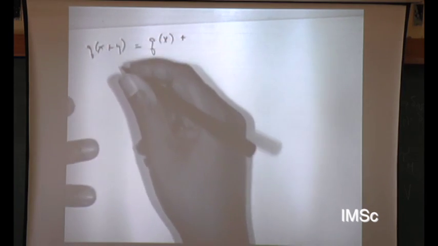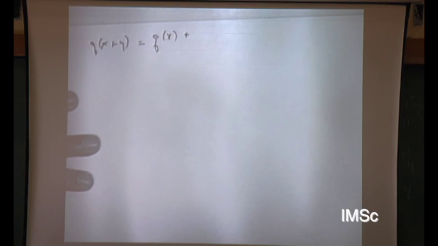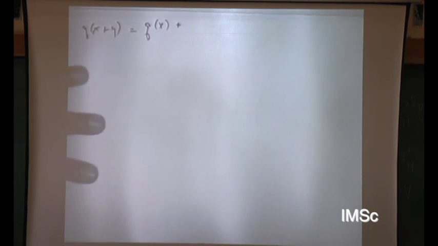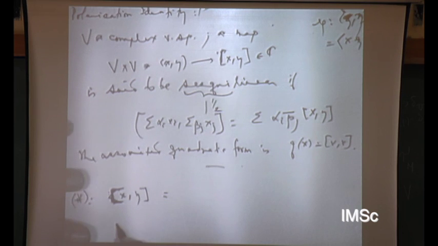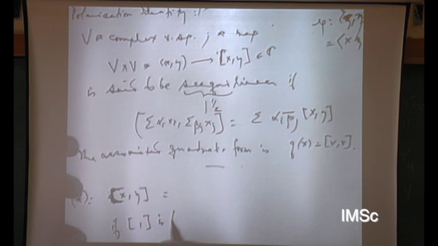Okay, so let me assume that the sesquilinear form is Hermitian, it's Hermitian symmetric, i.e. (x, y) is the conjugate of (y, x).